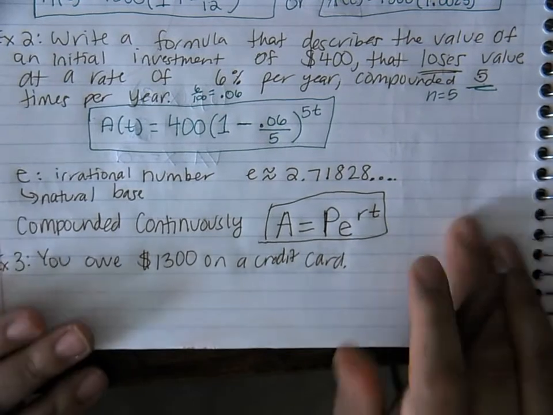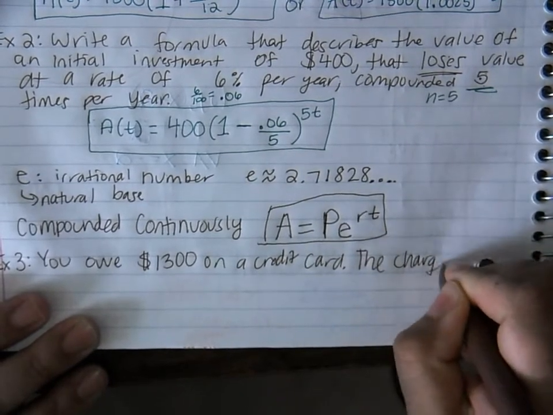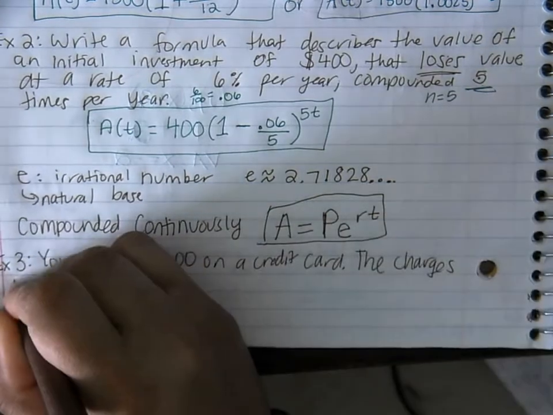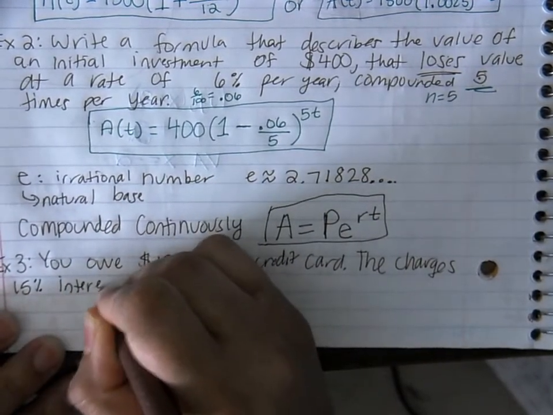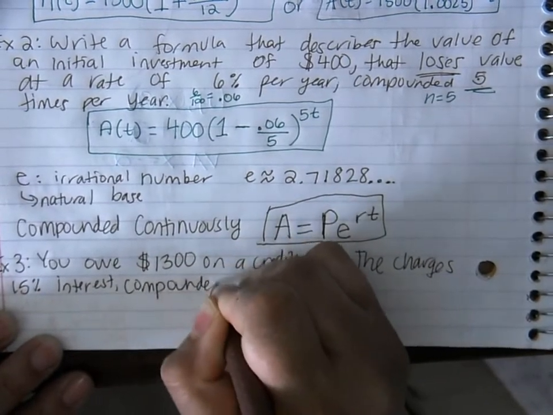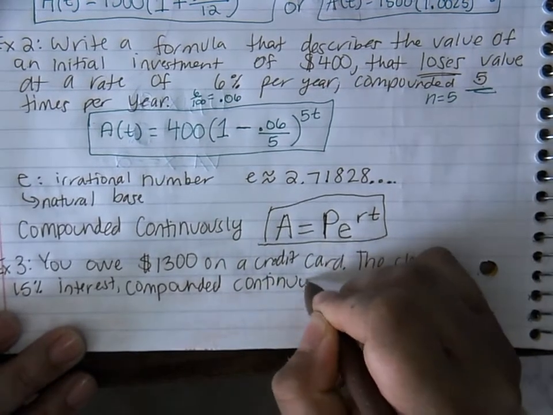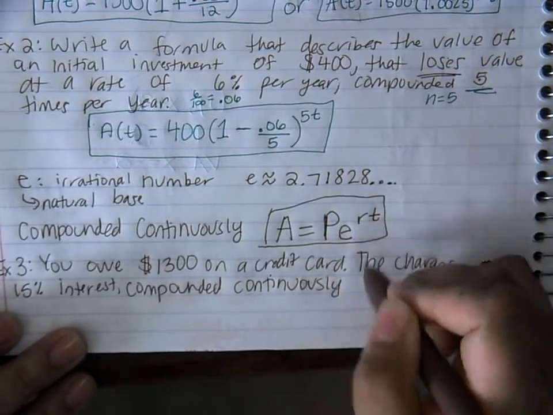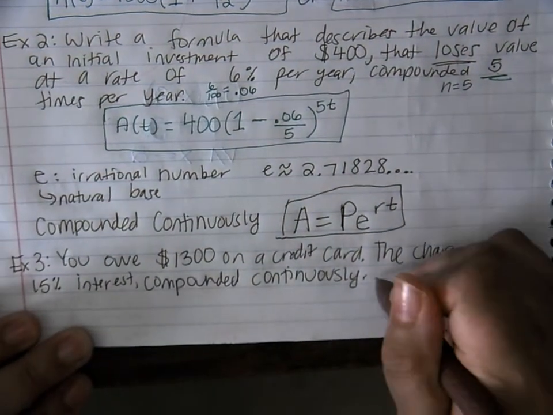The card charges 15% interest. And then it'll say right after that, usually, compounded continuously. That's how we know right away that we need to use this new formula that has an E in it. All right, then we're writing a formula.